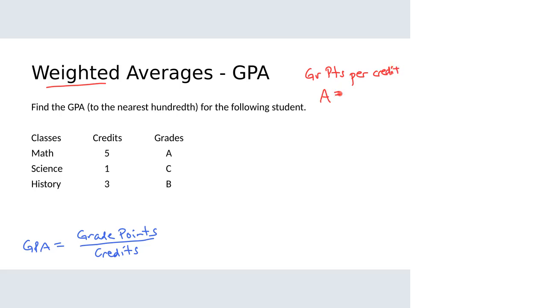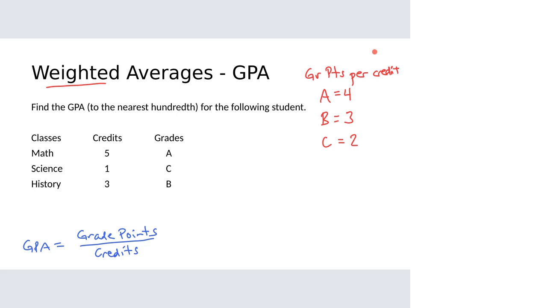If you have an A, you get 4 grade points per credit. If you have a B, you get 3 grade points per credit. If you get a C, you get 2 grade points per credit. A D is 1 and an F is 0. We don't have either of those in this problem. So we'll just look at A, B, and C for now.